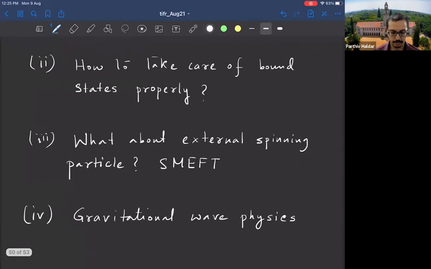On a more practical level, you can ask how to take care of bound states. Obviously here we did not consider bound states; that means we did not look into poles, just the cuts. But suppose we allow for bound states, how do we handle them properly? How do the various bounds change in their presence?